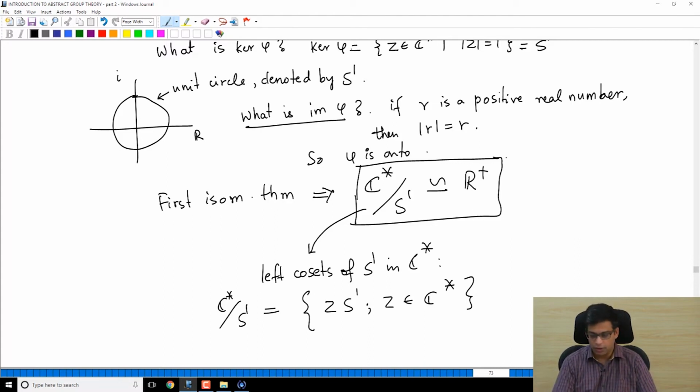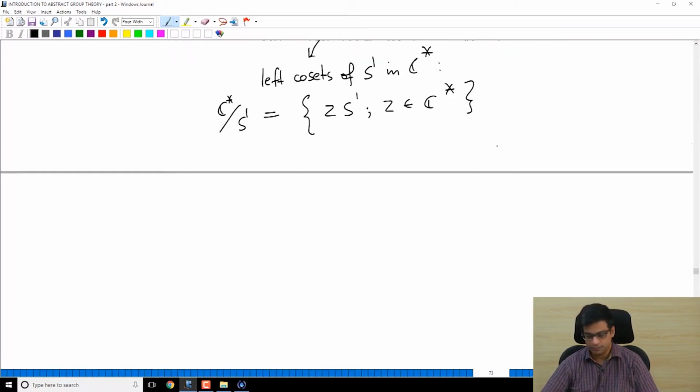Because cosets are simply circles of different radii, they are represented by positive real numbers. So that is a slightly intuitive explanation of this isomorphism.